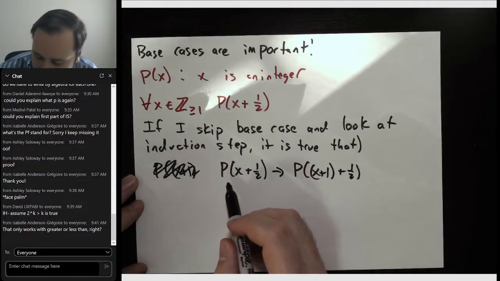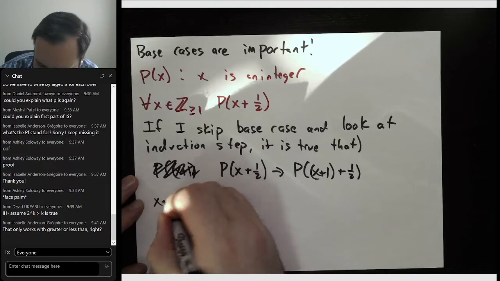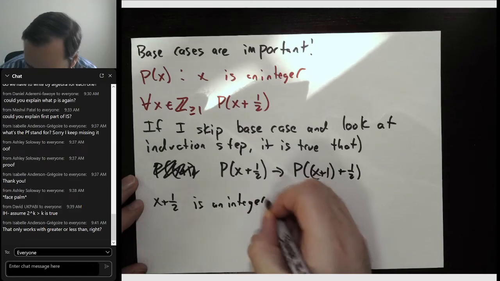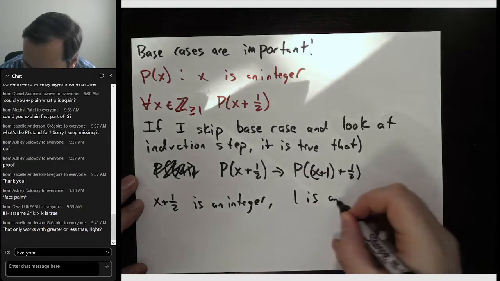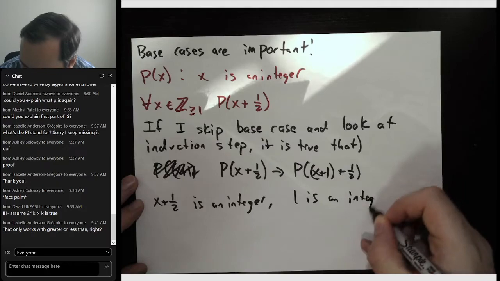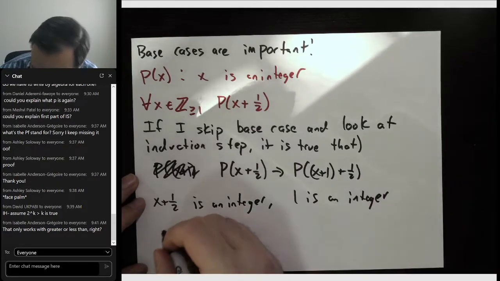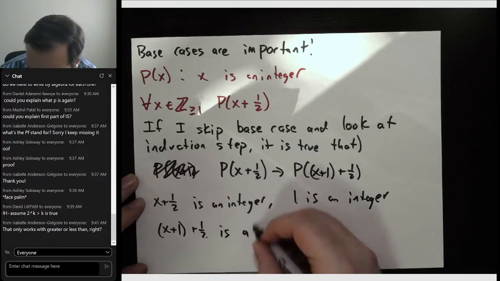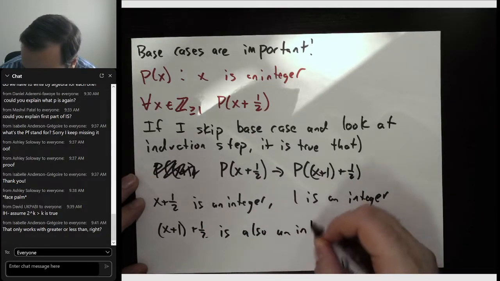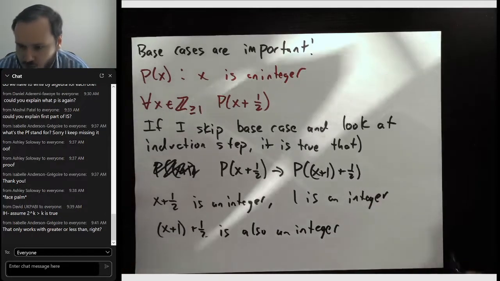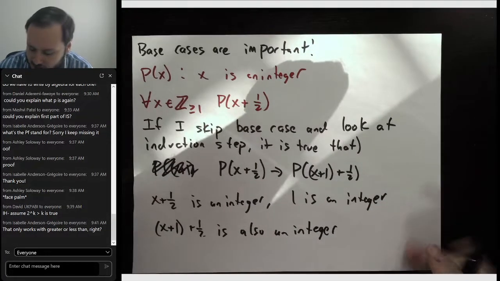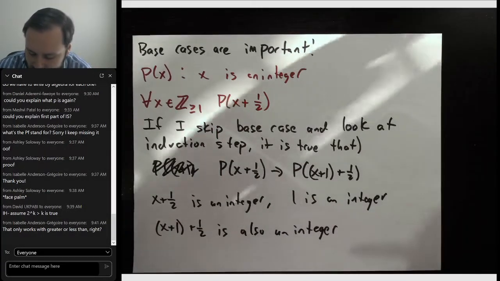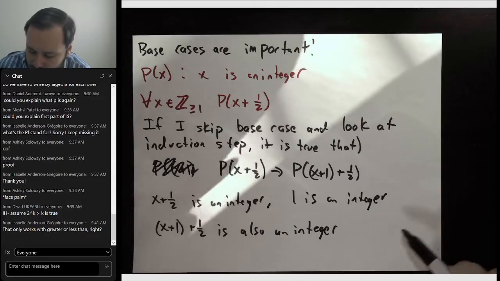If you assume that x plus 1/2 is an integer, and 1 is an integer, adding 2 integers together gives you a new integer, then x plus 1 plus 1/2 is also an integer. So even though the base case is easy a lot of the time, it's still crucial. If you just did an induction step, you could get something where there's no problem, but the answer isn't true.